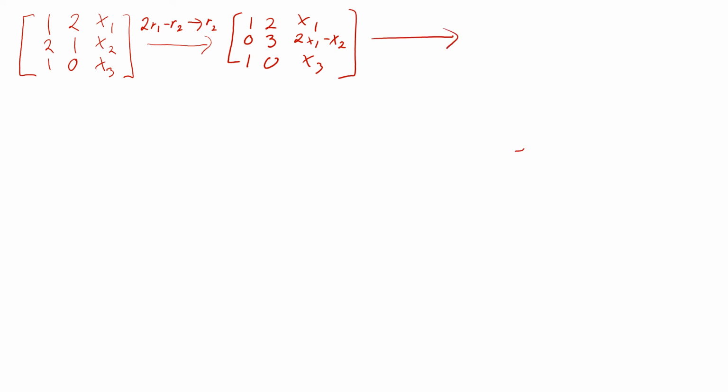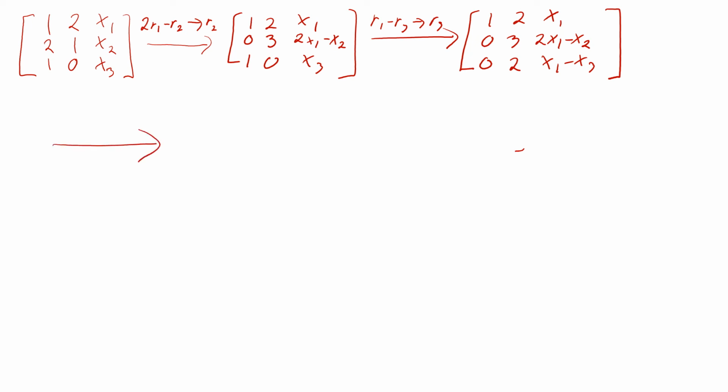I am now going to do row 1 minus row 3 is my new row 3. I get this: 0, 2, and x1 minus x3. And I'm going to do 2 row 2 minus 3 row 3 is the new row 3.